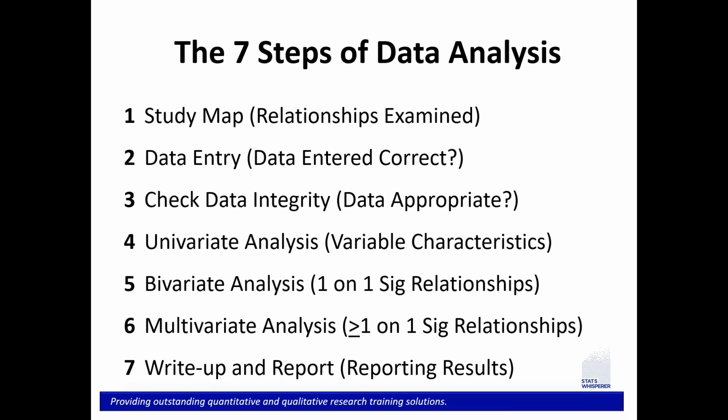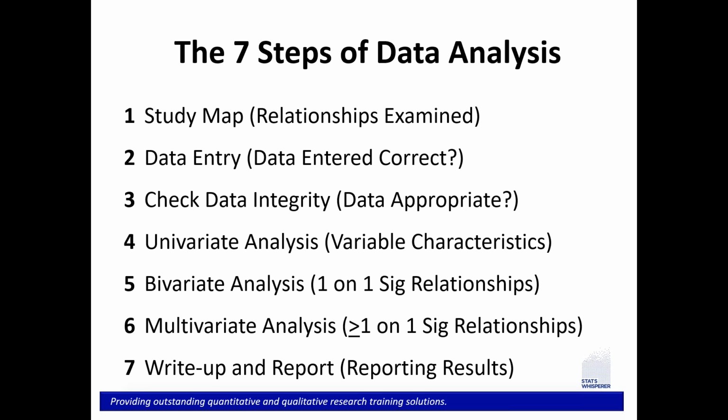Real fast, first one, we would look at the study map, meaning we would map out the relationships we're going to examine. Always start off with the end in mind. Number 2, data entry. Are the data entered correctly into the database? 3, checks of data integrity. Are the data appropriate for this study?